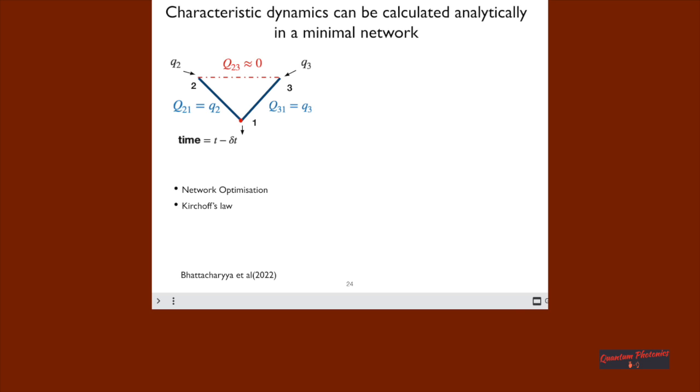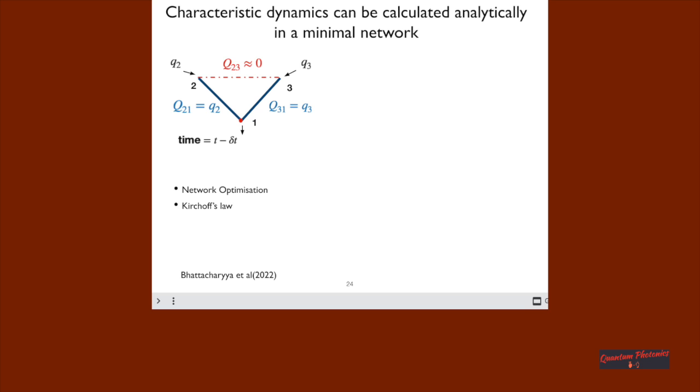inflows coming into them. That means that all the inflows coming in at nodes 2 and 3 will flow through this minimal network and go into the sink node and flow out of the sink node, which is defined by node 1.